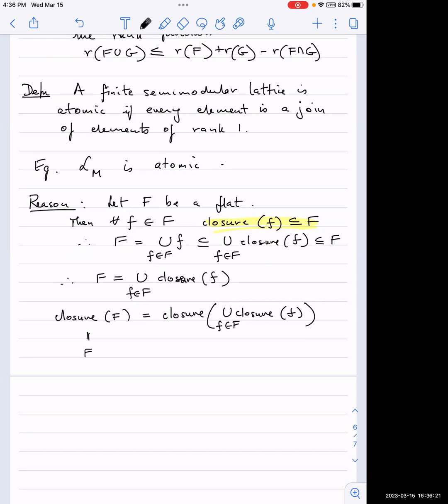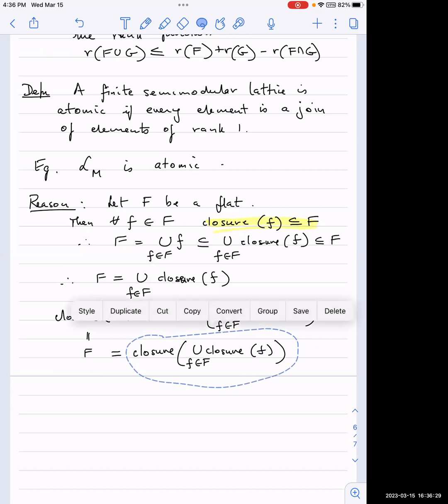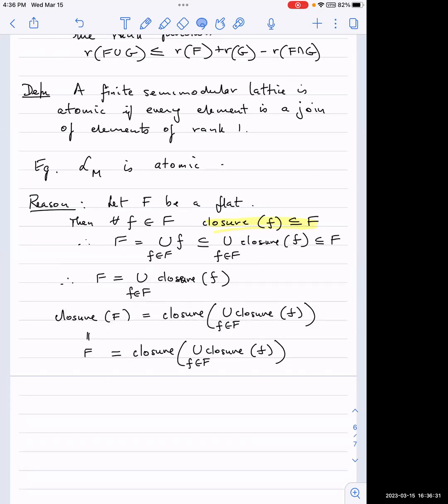And that is F. So we have F is equal to this. And this is just the join of rank 1 flats.